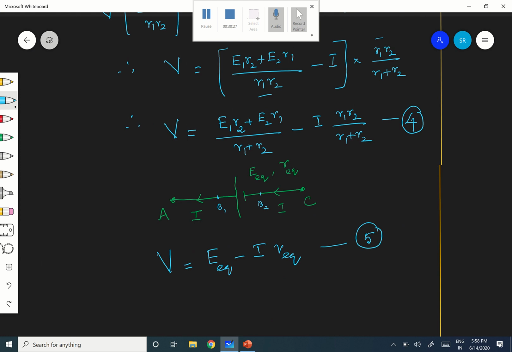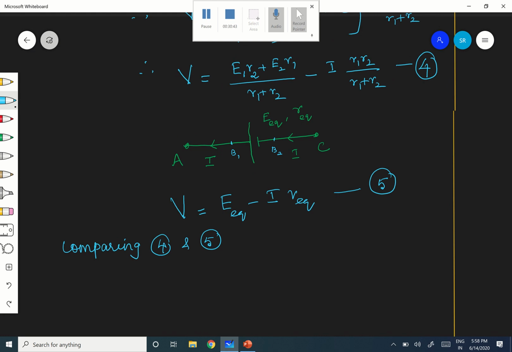Now, next step: comparing 4 and 5. Both are the same only now. What is your E equivalent?